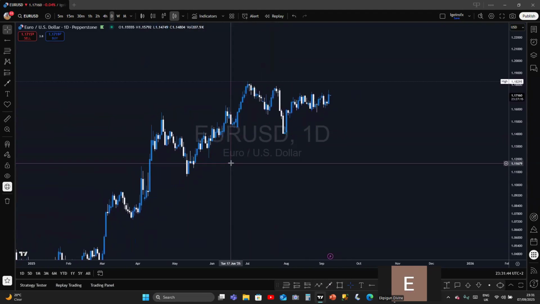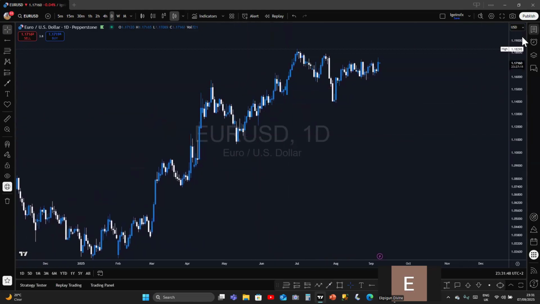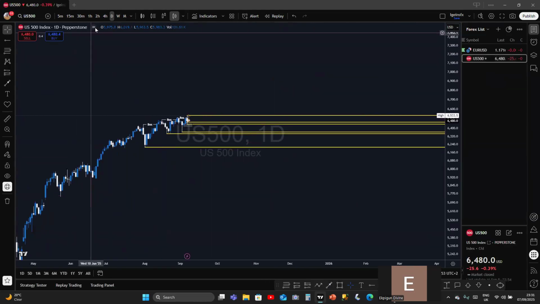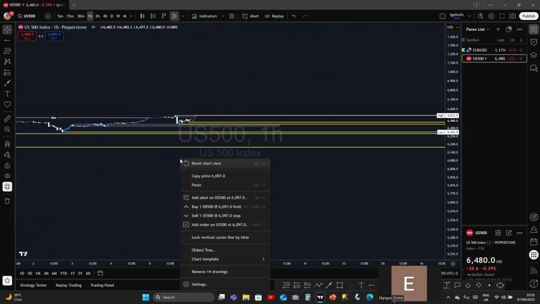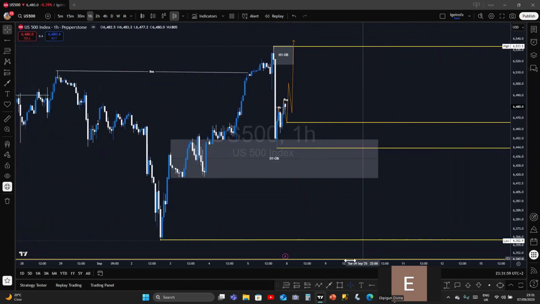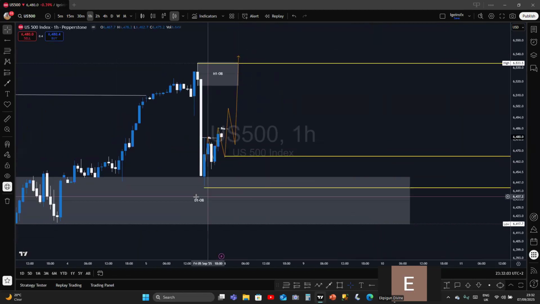So let's analyze Euro USD. As far as the US 500 is concerned, we're just going to wait. Now it has given us a change of character, a market shift.